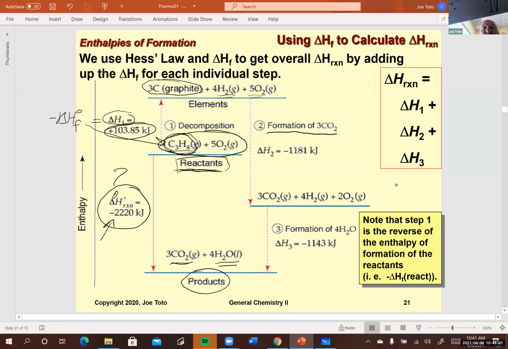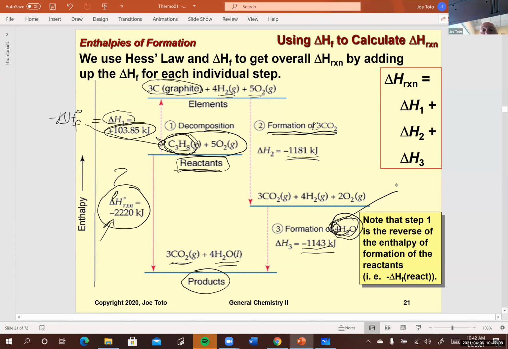I can form my 3 CO2 molecules, and I can look this up in your textbook. And then I can go ahead and form my water in the next step. And I can look this up. I notice that in the book, it's for 1 mole of water, but all I've got to do is multiply that by 4 because it's an extensive property.